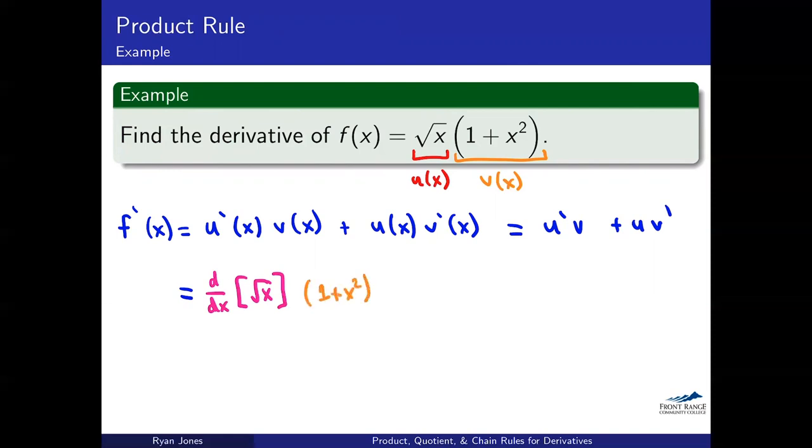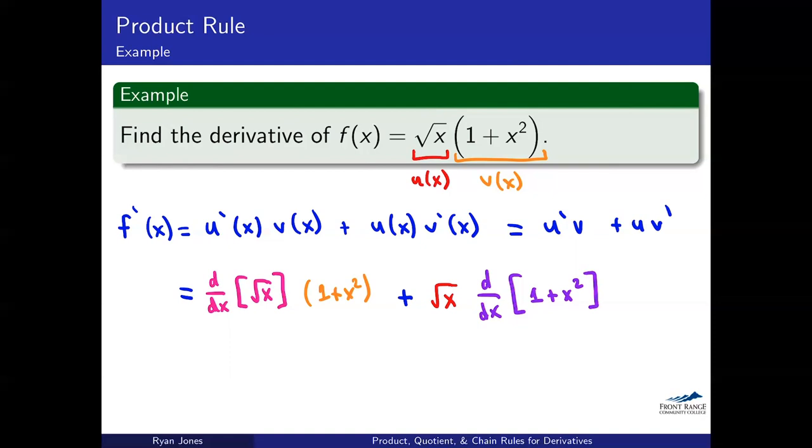And then I'm going to add to that u of x, which I'll write in red, and that's just my square root of x. And I'm going to multiply that in purple by the derivative of v, which is 1 plus x squared. And so I've got each of my 4 parts here, and we actually have to take some derivatives now.